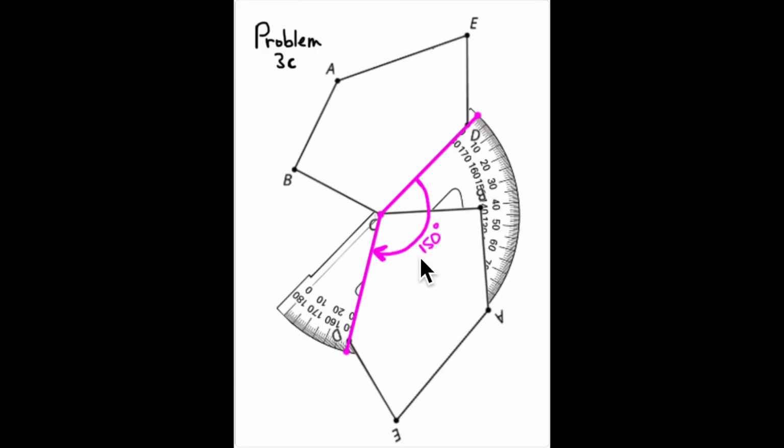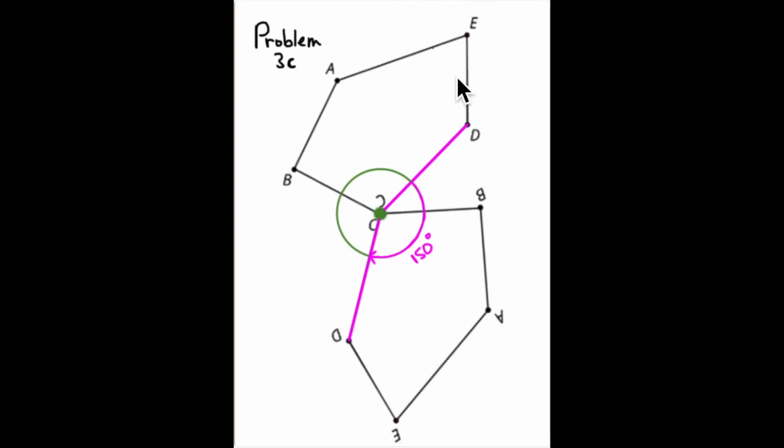So here is that rotation around point C. So this side of the pentagon right here, CD, rotates 150 degrees. I used a protractor to show you that this is 150 degrees around to this point right here. So 150 degree rotation in a clockwise direction. So that means that every side of the pentagon, the entire pentagon, is going to rotate the same 150 degrees.